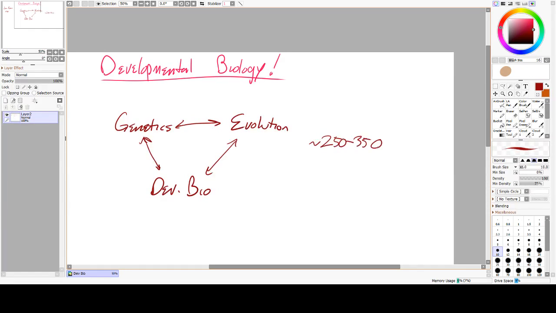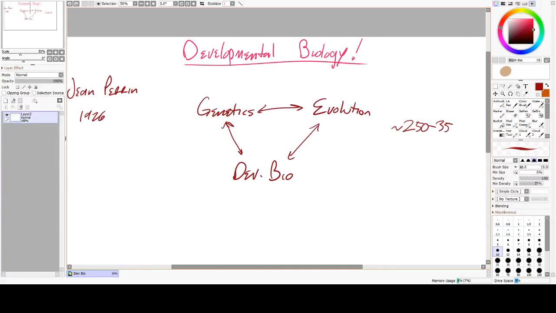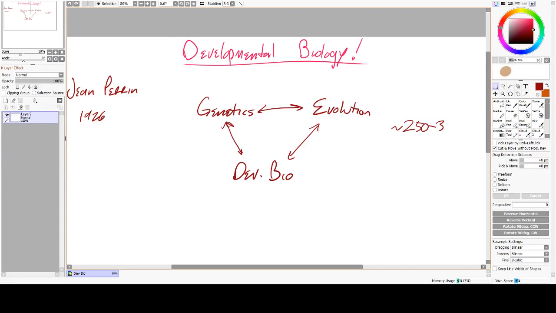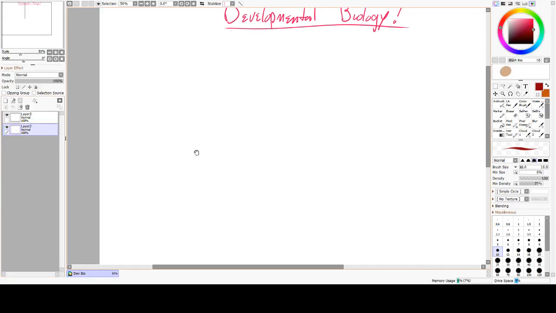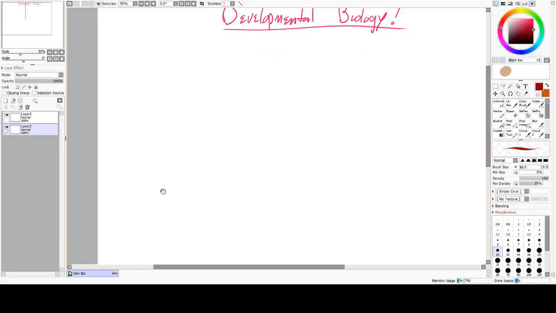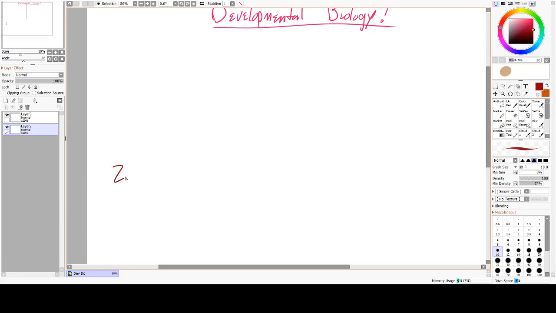There are only 250 to 350 cell types. So, actually, I should have this on a different layer so I can do that. And so, we start out life, all organisms start out life as a zygote.